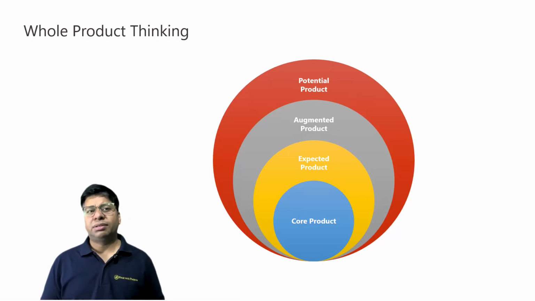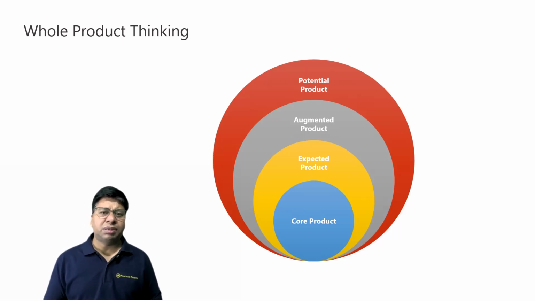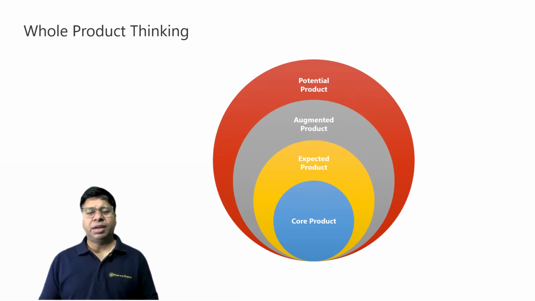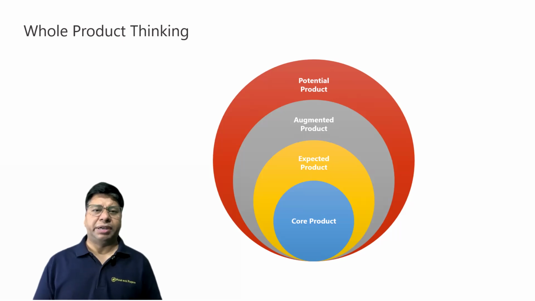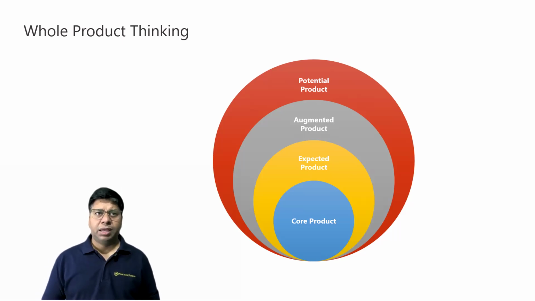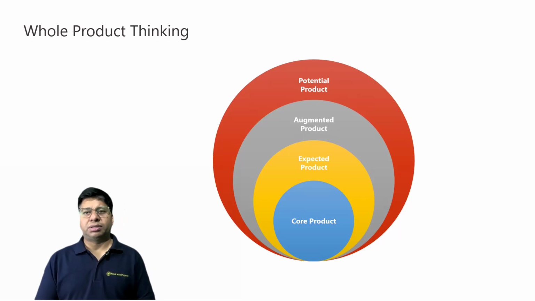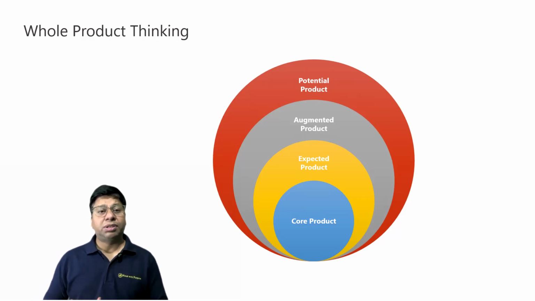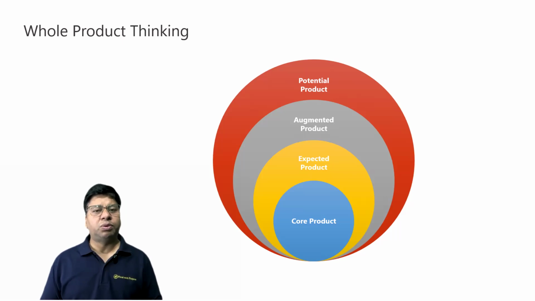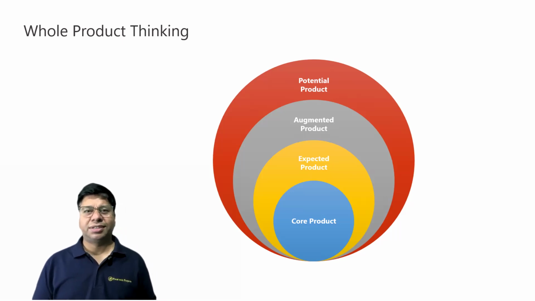These can be augmented products, like Samsung, Apple, or other mobile manufacturers creating a differentiator for their specific segment. And next is the potential product. Potential product is something new where we want to be.